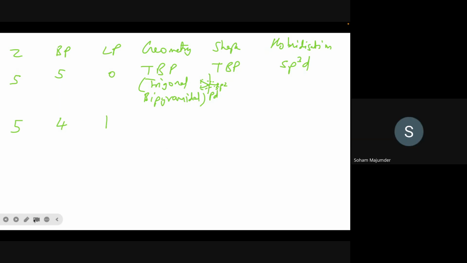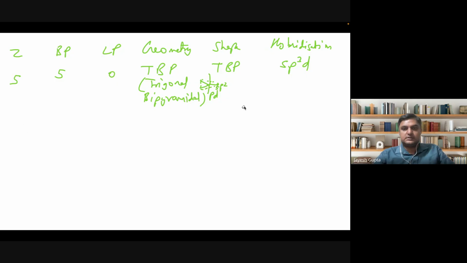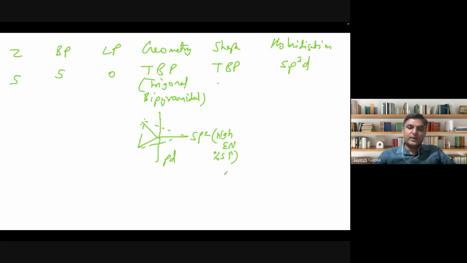Okay, let me draw this clear here. So this will be sp2, and the one which is above and below the plane, that will be pd. So it is high EN. Percentage S is high.